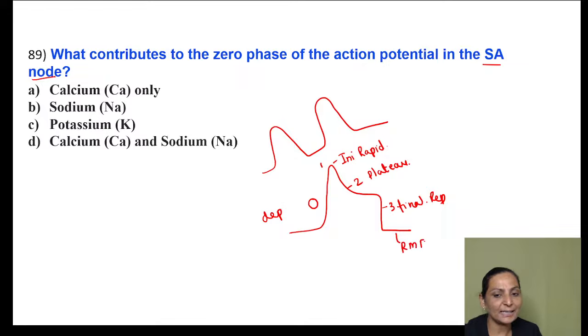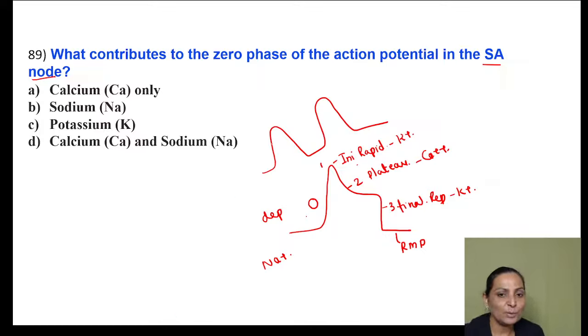This is the cardiac action potential in the ventricles, right? So depolarization is because of sodium influx. Very good, Tushar. Initial rapid repolarization, transient potassium channels, plateau calcium, and final repolarization again by potassium.